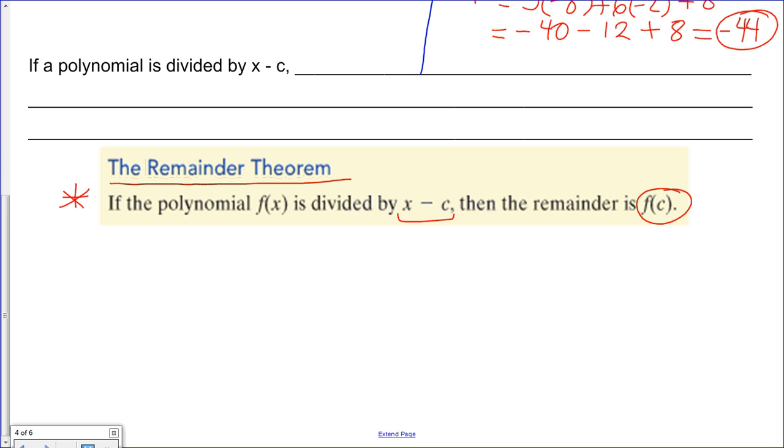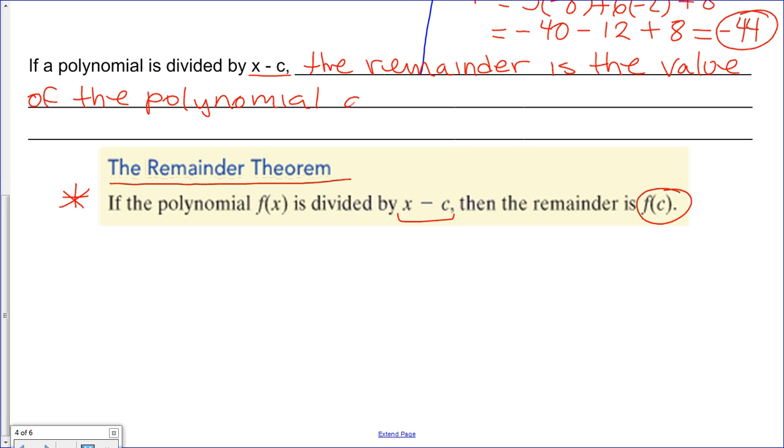If a polynomial is divided by x minus c, that will be using long division, the remainder is the value of the polynomial at c.